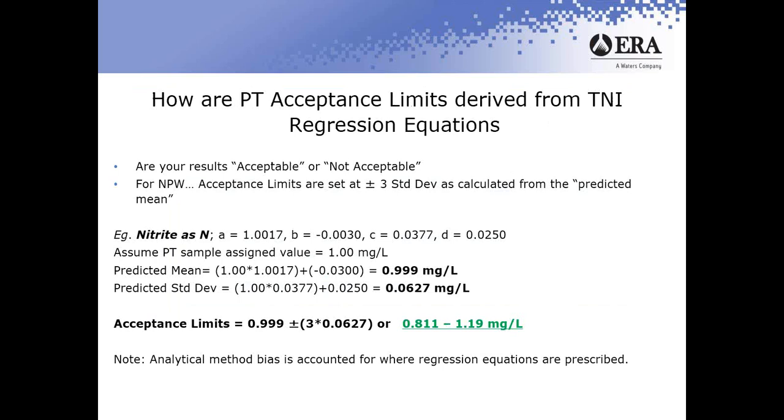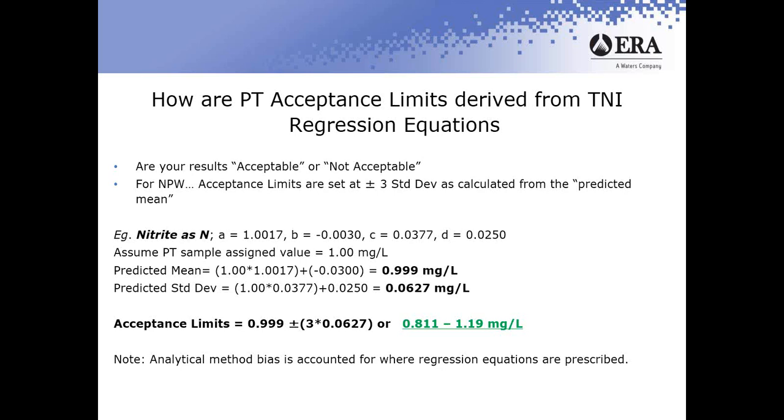Okay, so if we look at nitrite, if you recall, the A factor was 1.0017, the B was negative 0.030, C was 0.0377, and D was 0.025. We're going to use a PT sample assigned value of 1 milligram per liter as the example here, just to keep the math fairly simple.